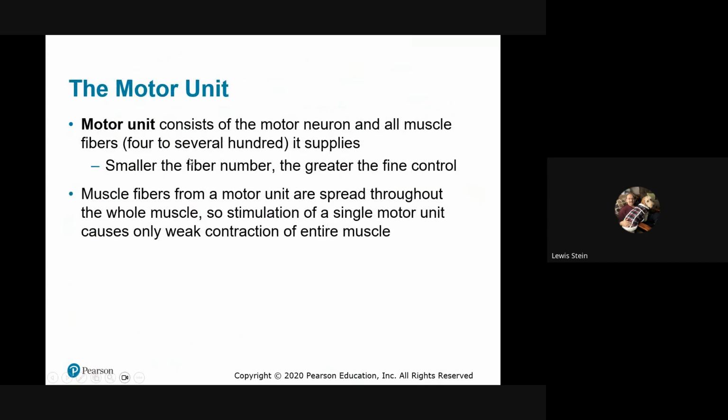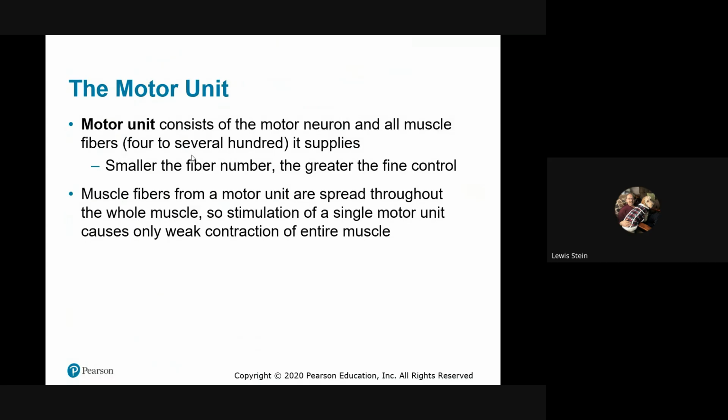So a motor unit depends on the muscle. The motor neuron, and we may have covered this a little bit before, but I did want to reinforce it because some classes we got to it and some didn't, consists of the motor neuron and all of the fibers. So if you're doing very fine movements, those are muscles that really have a very tiny amount of muscle fibers.